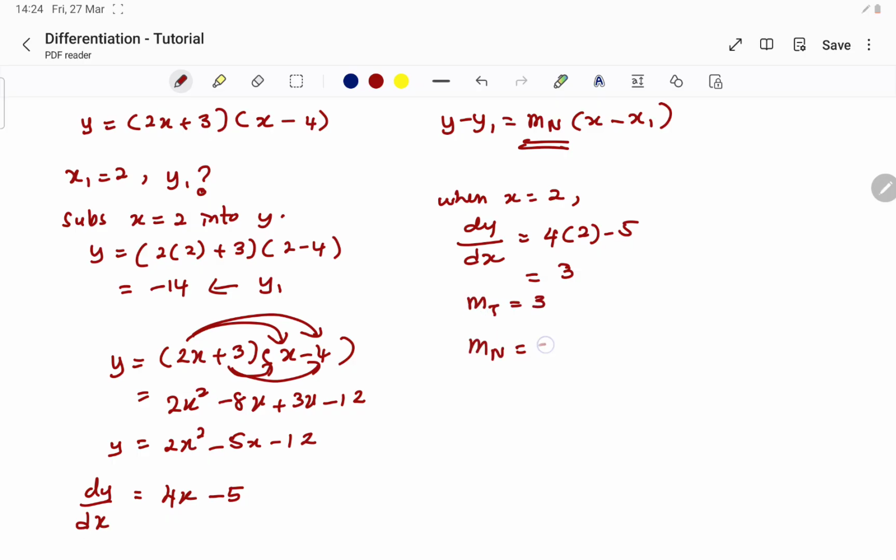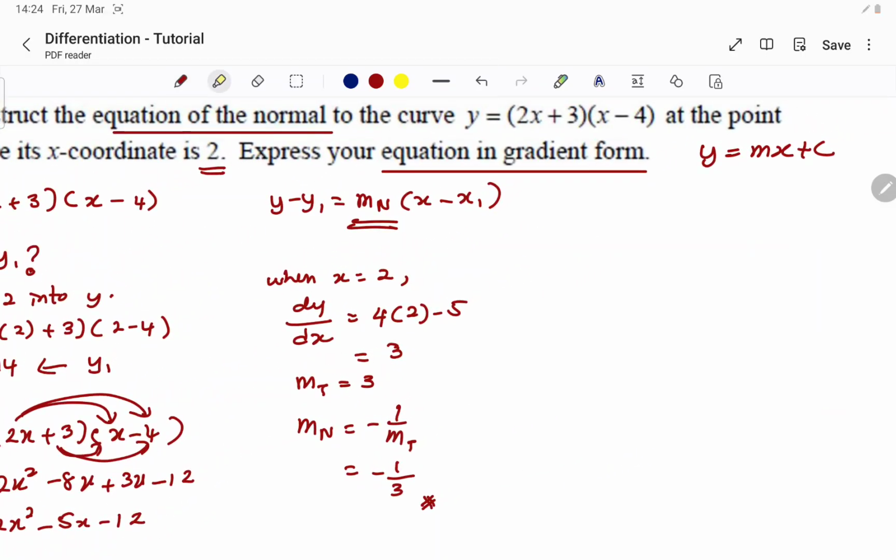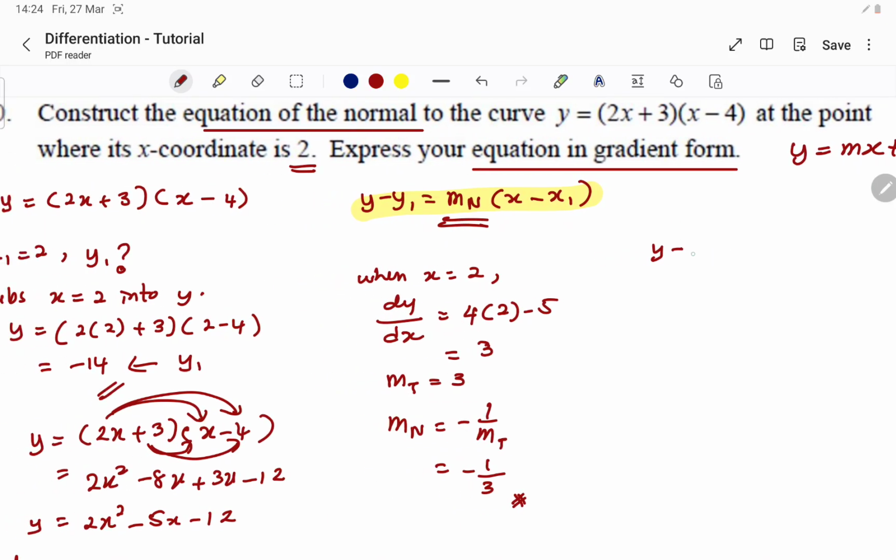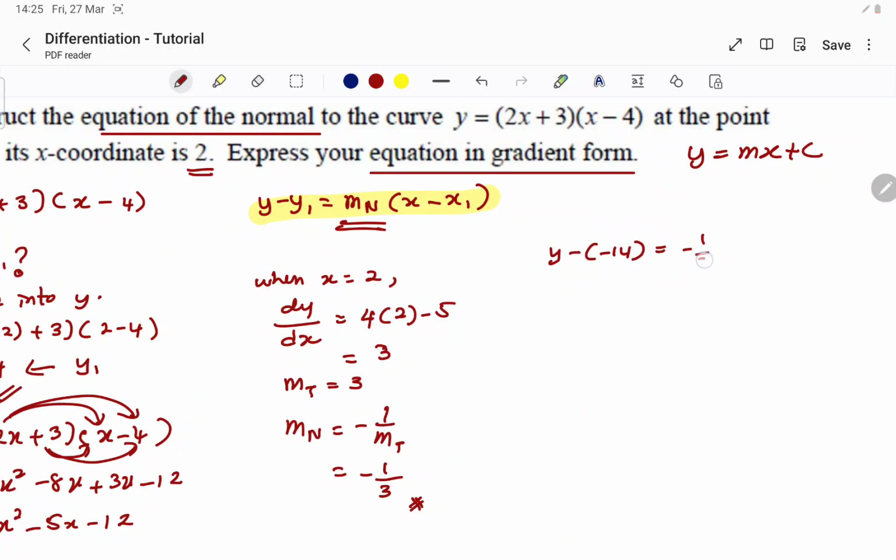To find mn, negative 1 over mt. So negative 1 over 3 is your mn. So you already got your mn. Substitute inside the equation here. So y minus y1, y1 is equal to negative 14 just now, equal to mn, we have negative 1 over 3, times x minus x1, x1 is equal to 2. So y plus 14 equal to negative 1 over 3x plus 2 over 3.